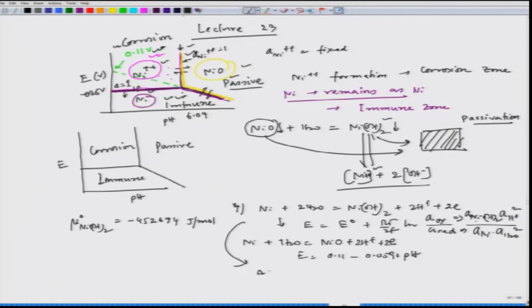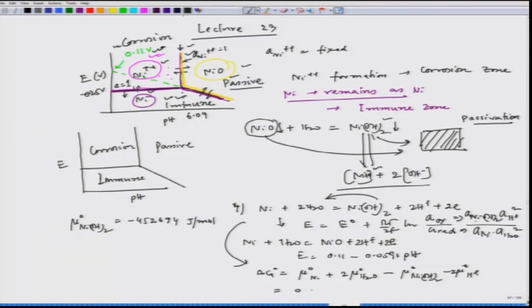So, delta G0 would be, because we have to write ox plus e equal to red, mu0 Ni plus 2 mu0 H2O minus mu0 Ni(OH)2 minus mu0 H plus, and 2 electrons are involved.